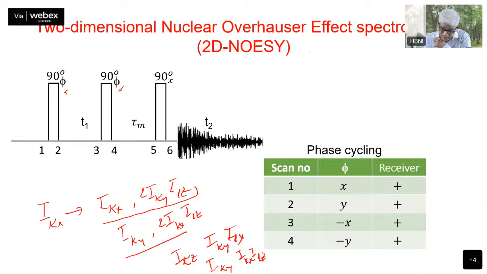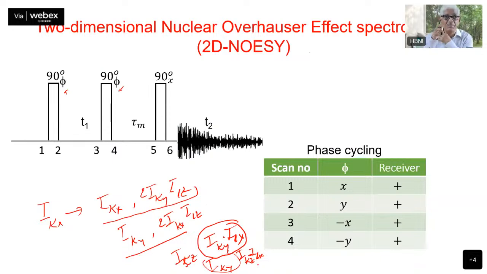In the COSY, we chose this part. In the double quantum filtered COSY, we chose this one. Now we want to choose this. We want to choose IKZ.